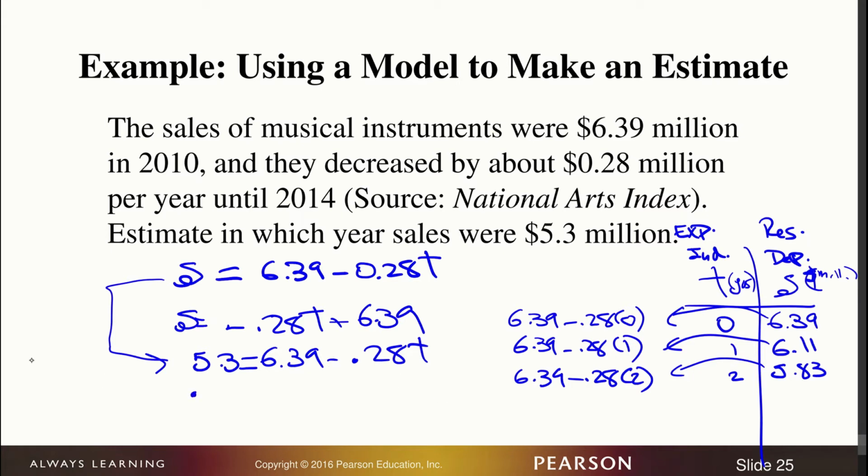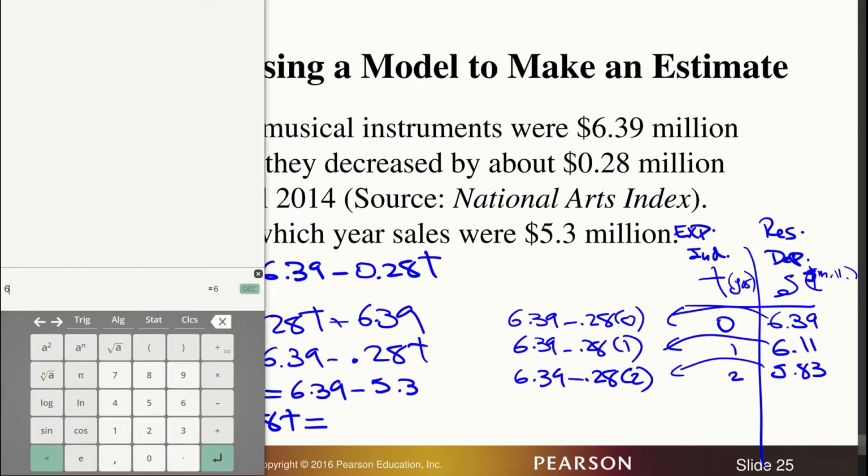It becomes 0.28t, and I'm going to move the 5.3 to the other side. 6.39 is not moving, doesn't change signs. So we get 0.28t equals, now we just need to do 6.39 minus 5.3.